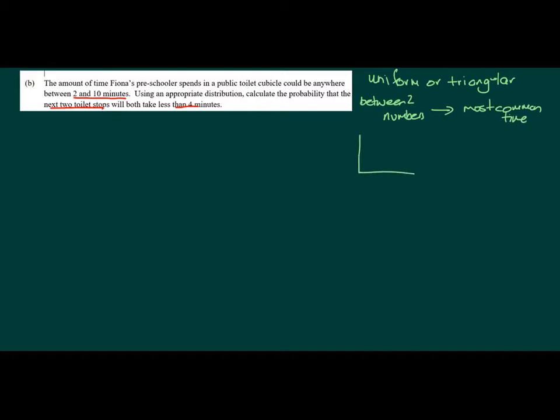So a uniform distribution looks a bit like this, whereas a triangular distribution looks like this, where this is your most common time. So this would be the between A and B, and it has a third time, whereas the uniform has just 2 times. In this case, it's 2 and 10. So for this particular one, we're looking at a uniform distribution.